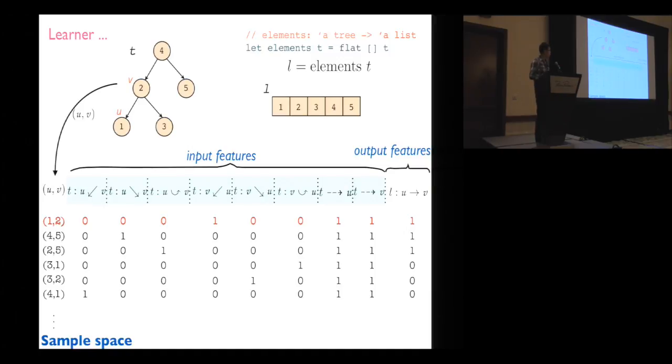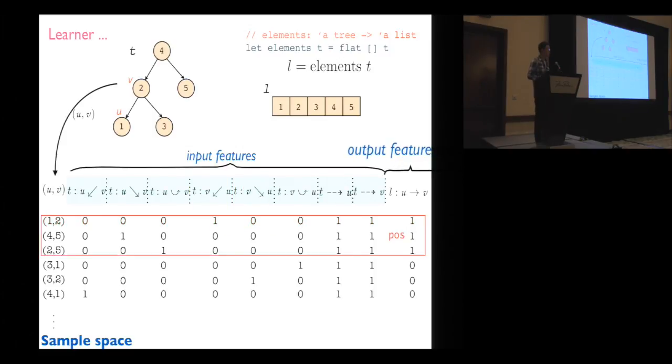As we have said earlier, we want to predict the truth of the output features by observing the truth of the input features. So it is natural to use an output feature to partition the sample space into two sets, one of which satisfies the output feature. So these are the positive samples for the feature.